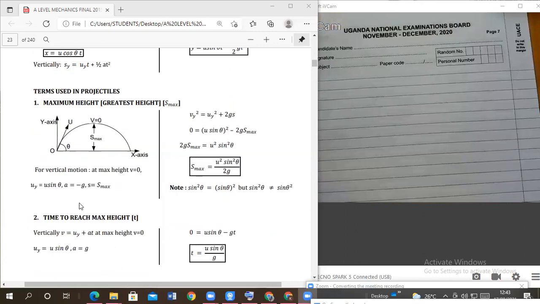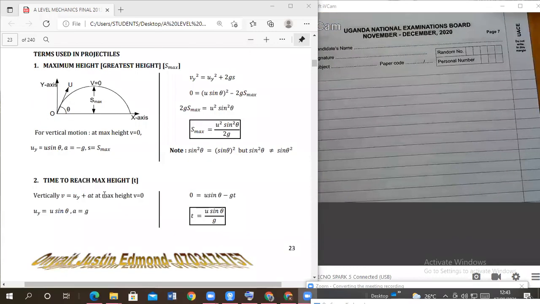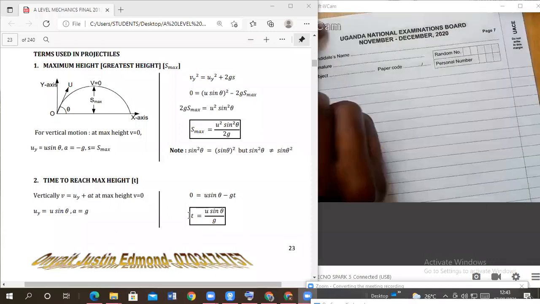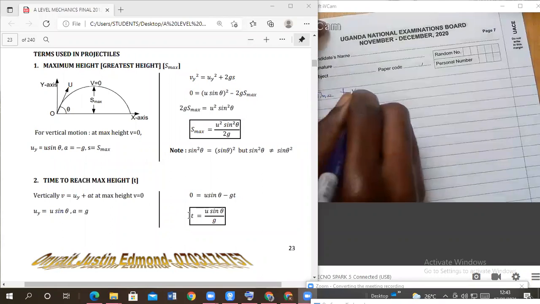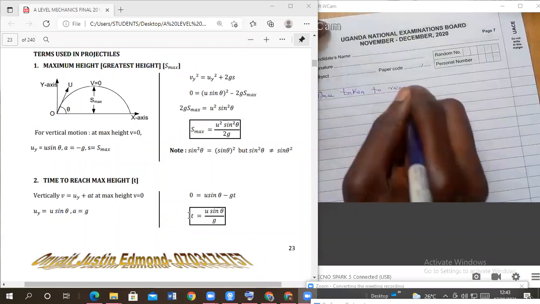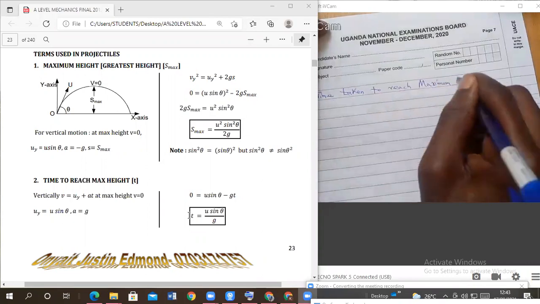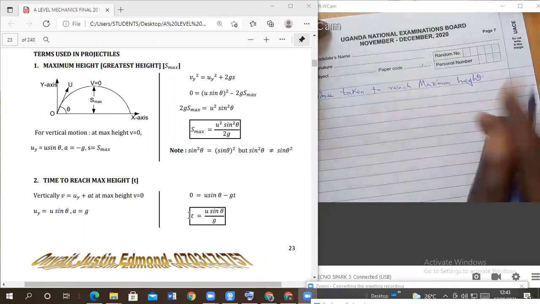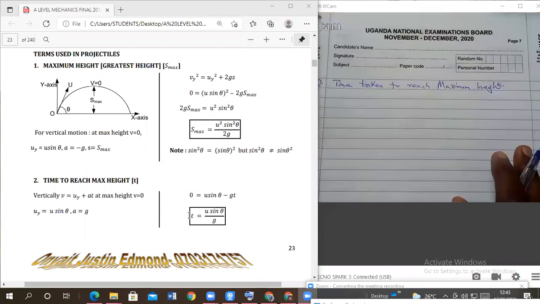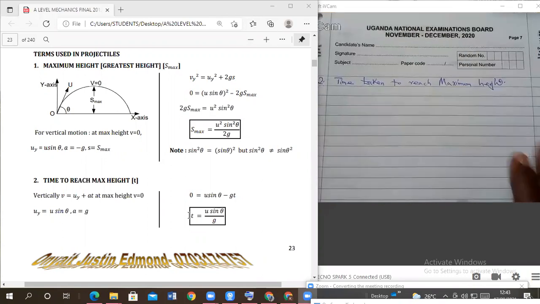The second term that we use is what we call time taken to reach the maximum height. We have already discussed this some time back.